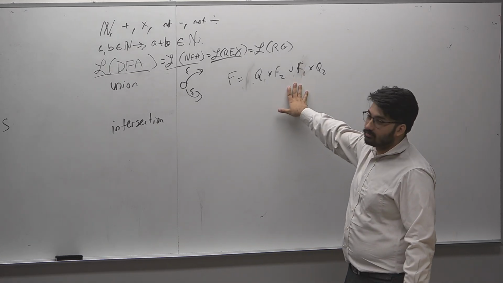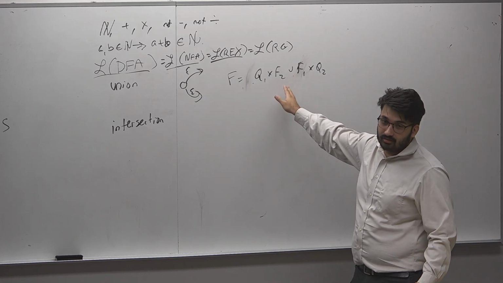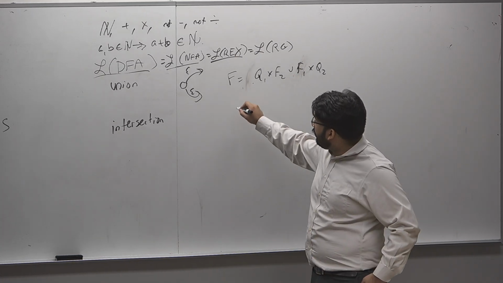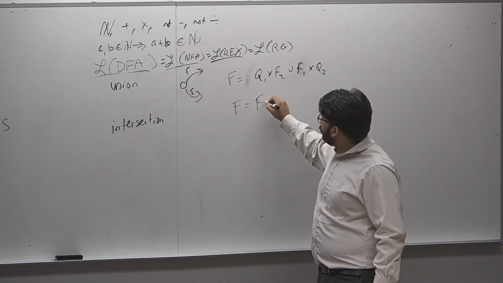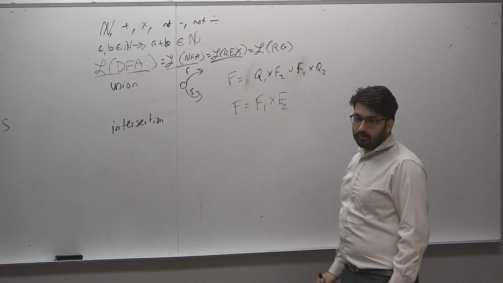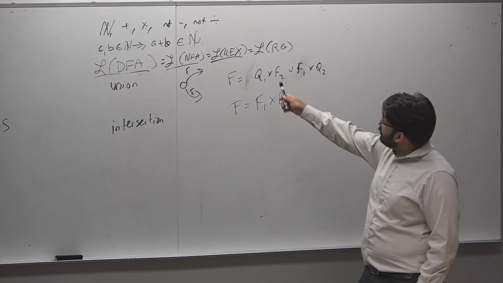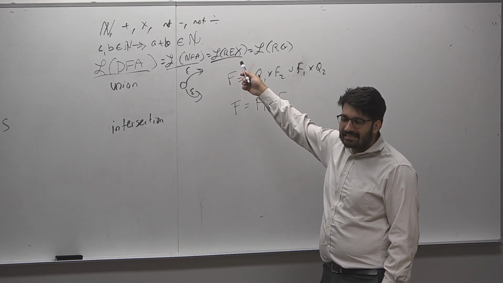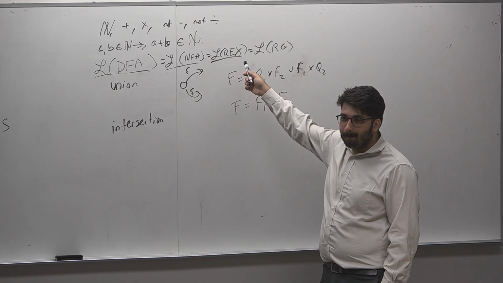Same reason? DFAs, we did the product. So given two DFAs, Cartesian product them, except only if both accept. We recall that. Given regular expressions, how do you take the intersection of regular expressions? It's a trick question.